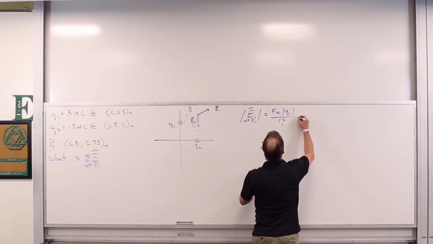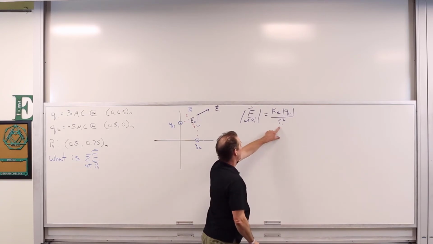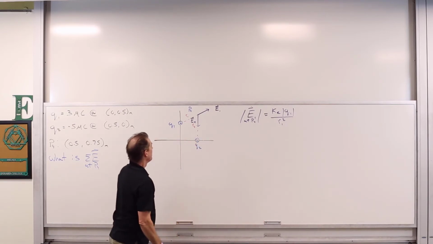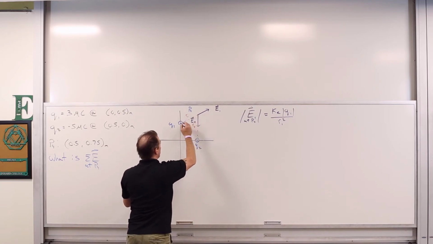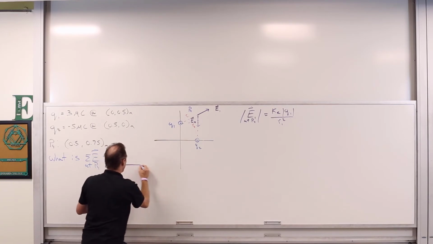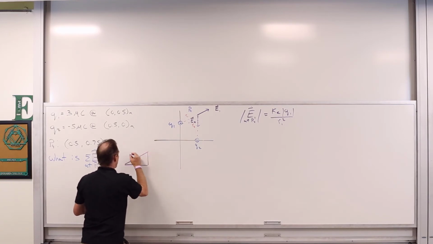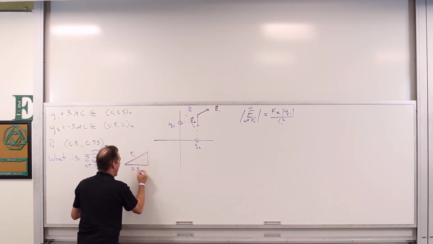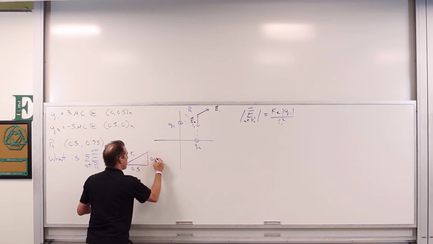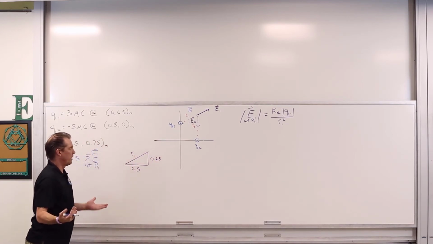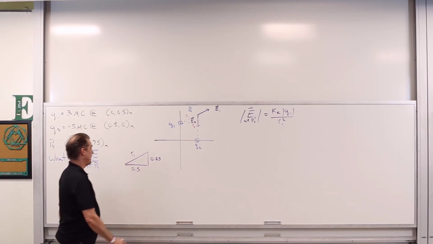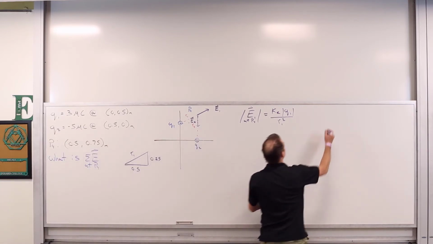So if we go ahead and compute this, we need to know what R1 is here. When we want to get what R1 is, we can note that it's the hypotenuse of this triangle that's formed right here. We've got a base of 0.5, height of 0.25, and then we've got R1. So what's R1? Well, R1 squared is going to be that squared plus that squared.